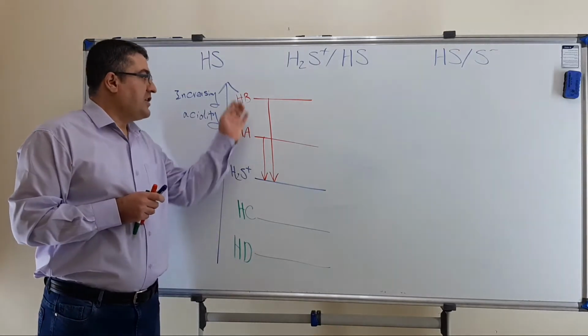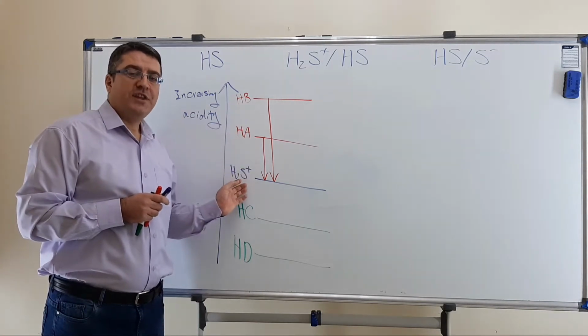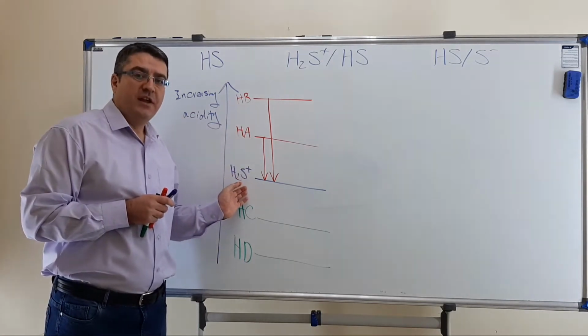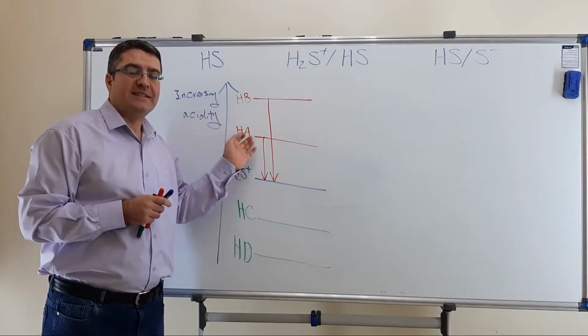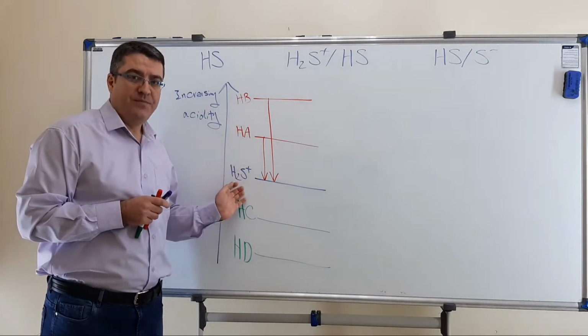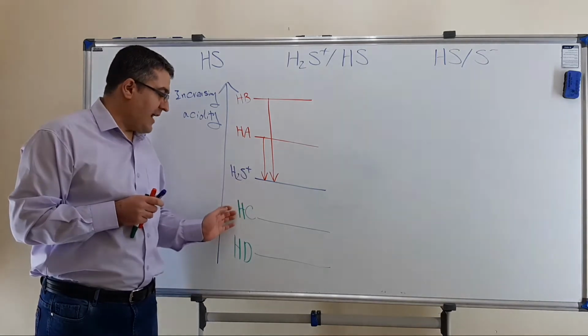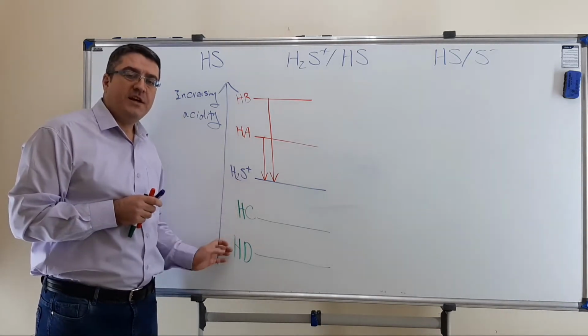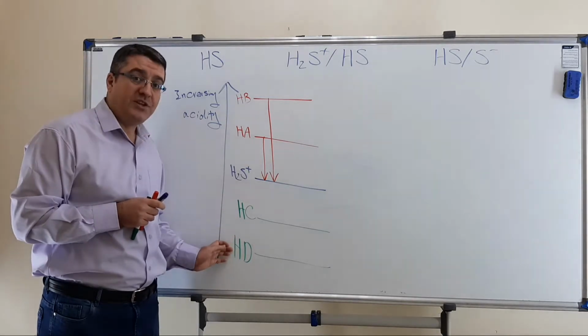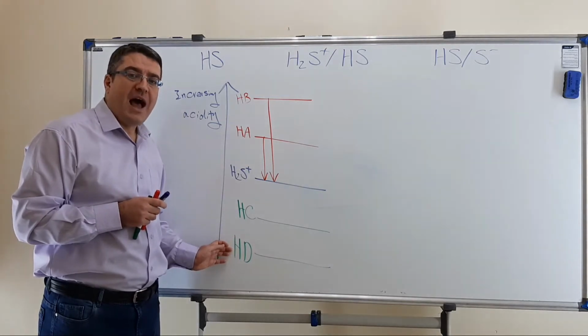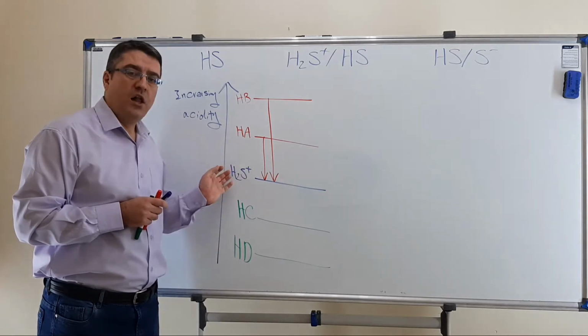Acids like HA and HB, stronger than the conjugate acid of the solvent, are considered as strong acids in the solvent HS. While, on the other hand, acids weaker than the conjugate acid of the solvent, like HC and HD, are considered as weak acids in the solvent HS.